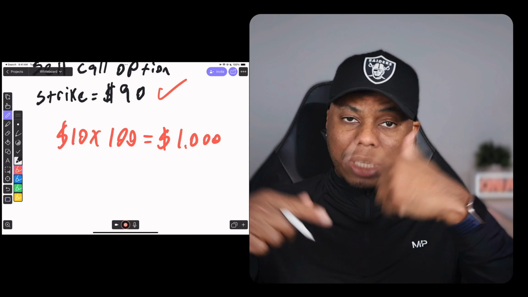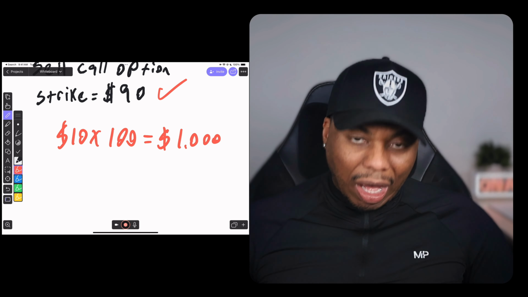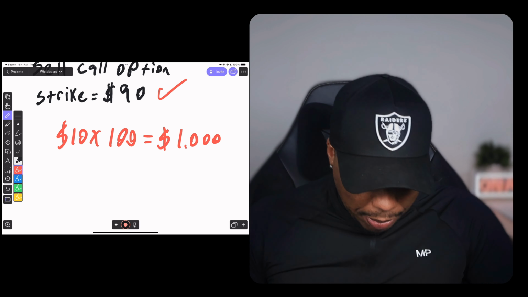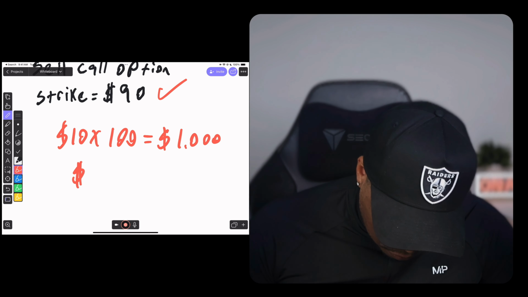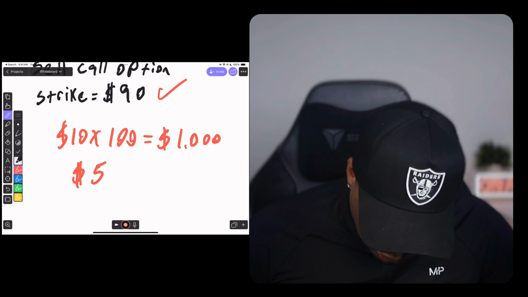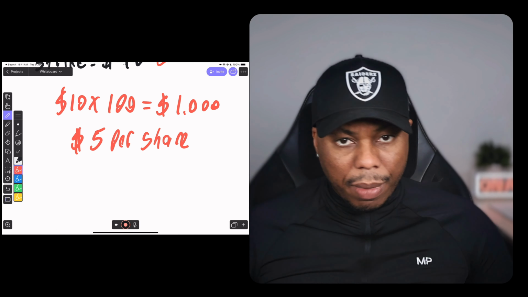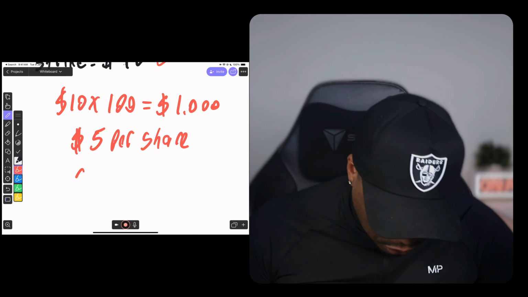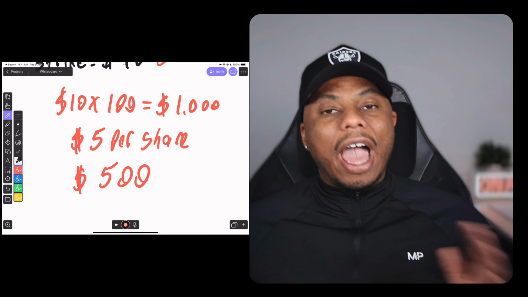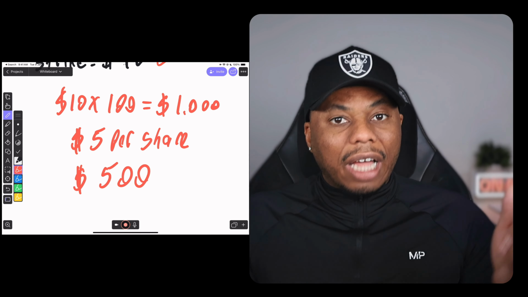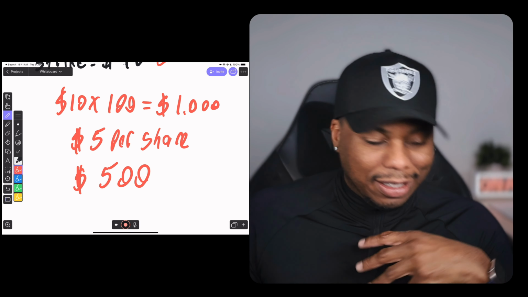The person on the other side of this transaction feels like, hey, I have an opportunity to make $1,000. Let's use that same premium as before, let's say it's $5 per share. Remember, it's 100 of those, so they're going to have to pay $500 to actually get access to the right to buy my shares.